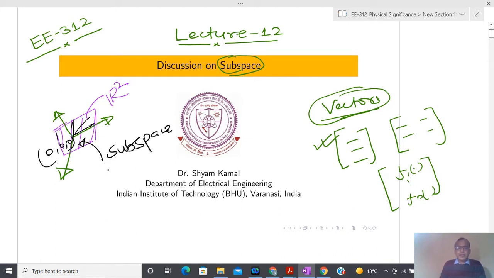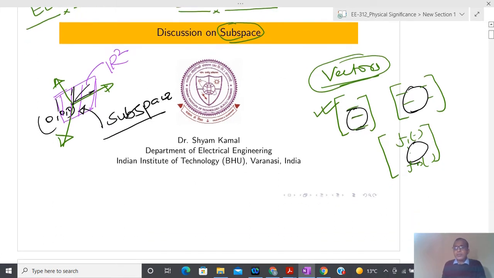That is the main motivation. It means that inside a vector space, which may be of any form, there exists some subset of vectors which contains all the properties of the vector space, and that I am going to identify as a subspace.